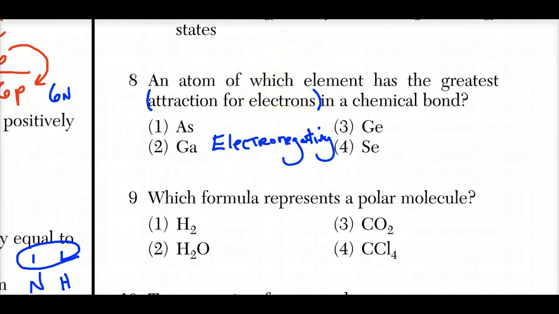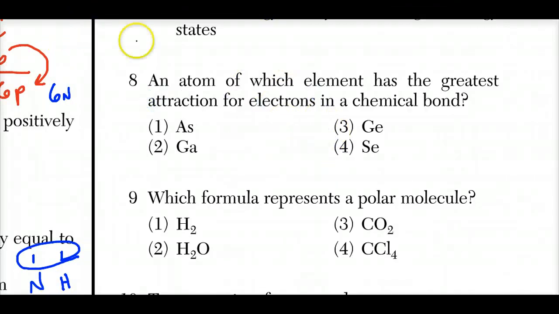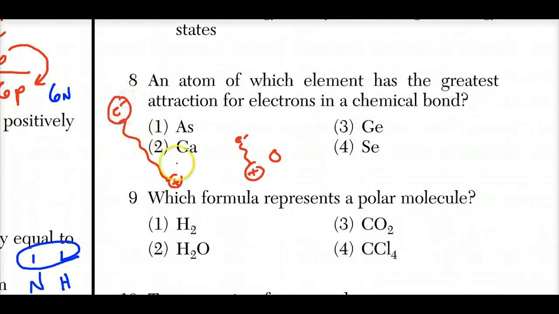Now, electronegativity is basically tied to the size of the atom. The smaller the atom, that means you attract that electron to that nucleus really well. With a bigger atom, the electrons can exist farther away and be what? Higher energy, because they have more energy to overcome.